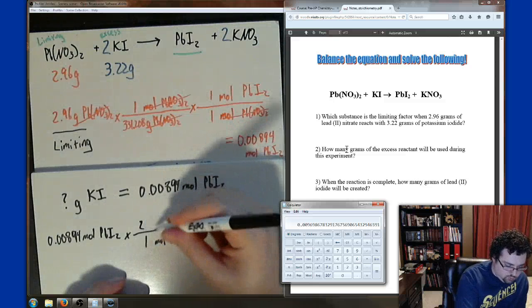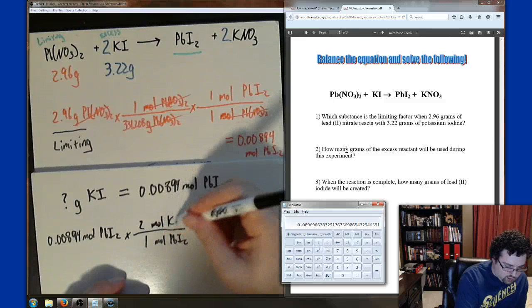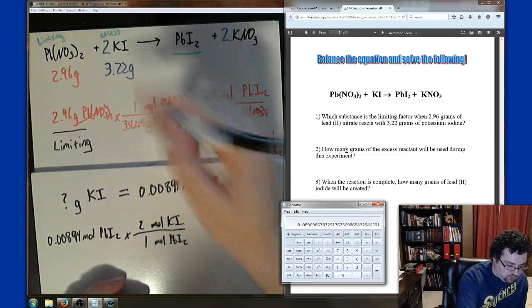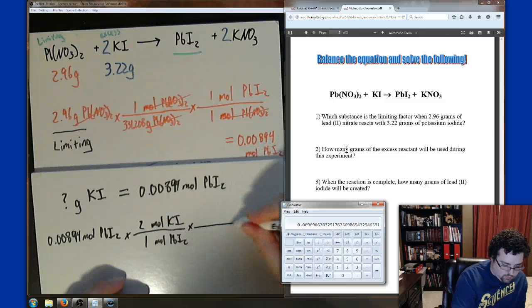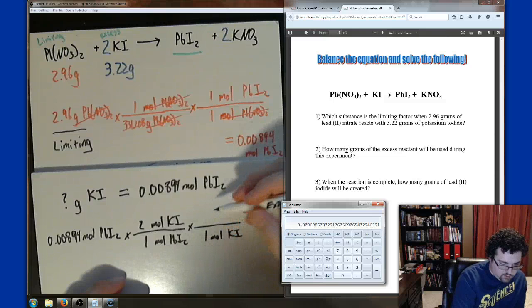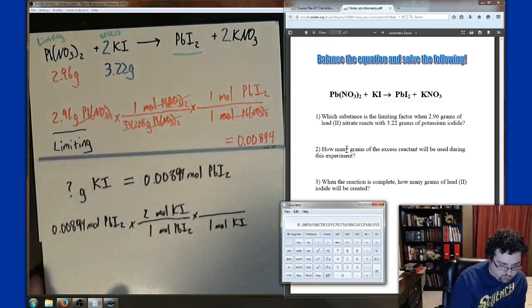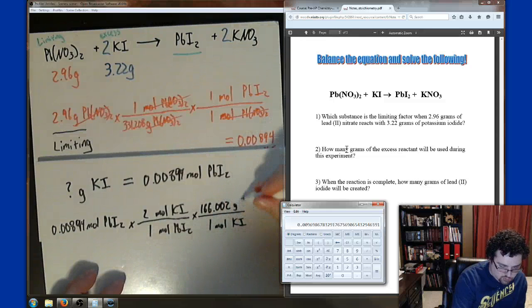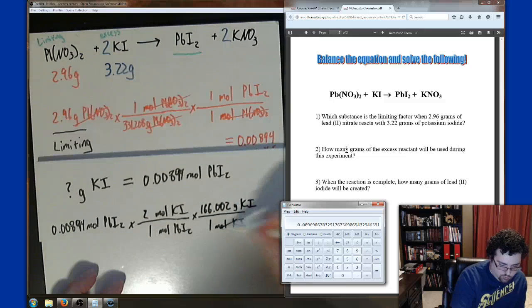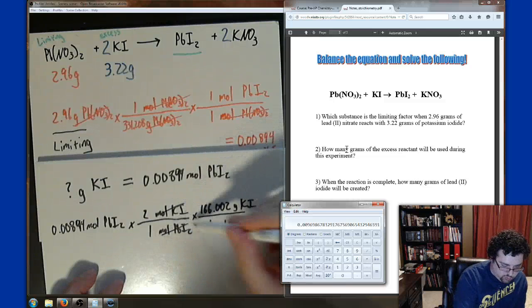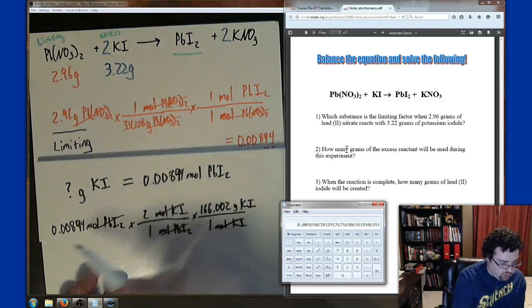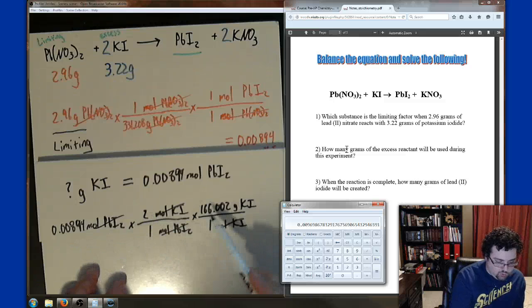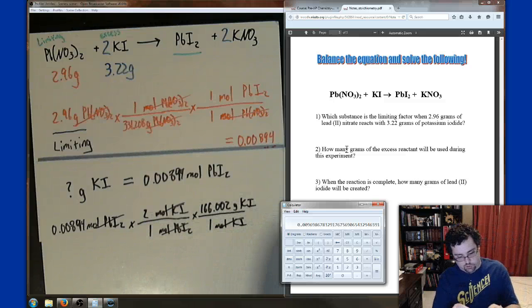For every 2 moles of KI that get reacted, 2 right there, times the molar mass, 1 mole of KI, and then the molar mass of KI was 166.002 grams of KI. So moles of KI cancel, moles of PbI2 cancel, so it's 0.00894 times 2 times 166.002.